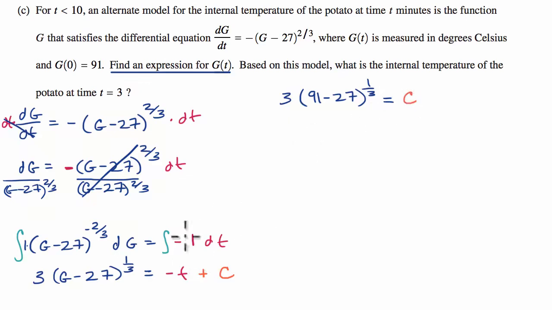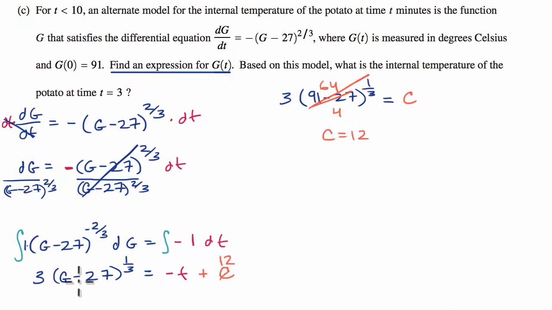So that's what c is going to be equal to. 91 minus 27 is 64. 64 to the 1/3 power is positive 4. And so we have c is equal to 12.